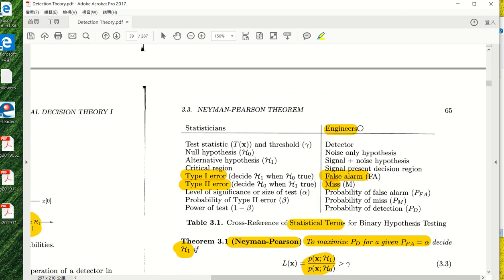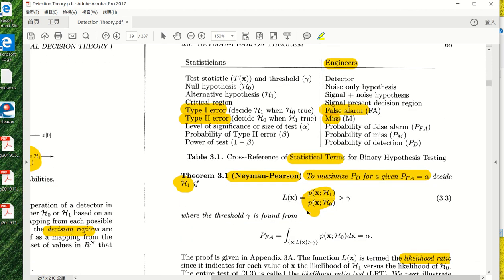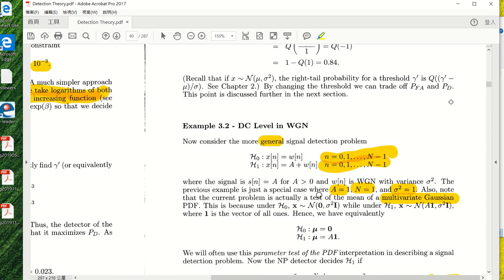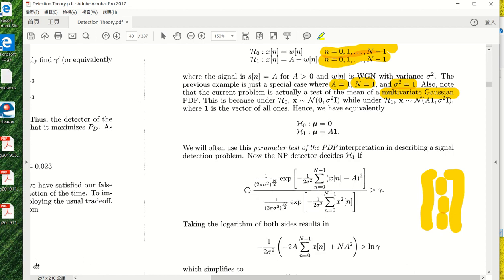So the NP detector decides H1 if this is what we saw on the previous page, 63 to 65. We are actually calculating this 3.3. Okay, so now we come back. We just write down the formulation for the probability density function, then we get something like this and something like this. Of course, some of the things can be simplified. Some of the things inside the exponent can be cancelled out because they are divisions, and larger than gamma.